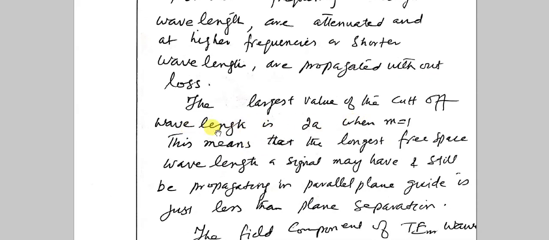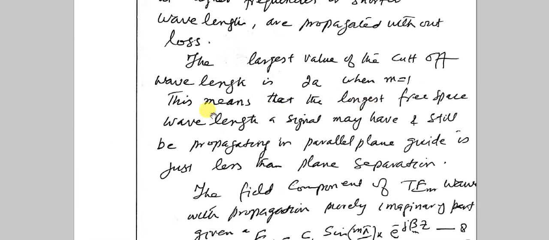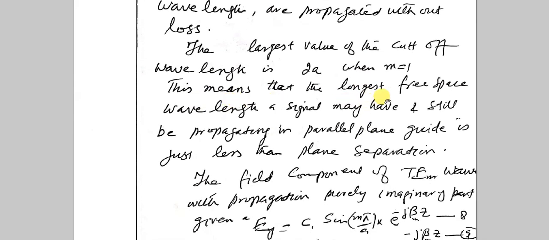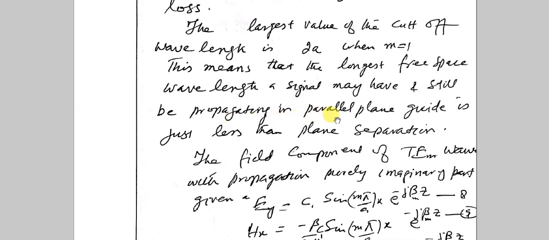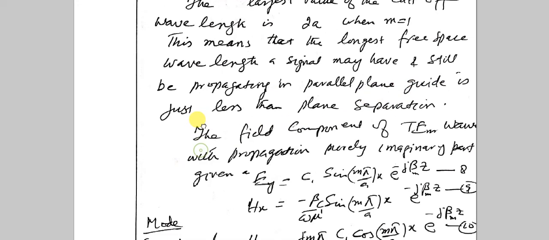So the largest value of the cutoff wavelength is 2a when m is equal to 1. This means that the longest free space wavelength a signal may have and still be propagating in the parallel plane guide is just less than twice the plane separation.